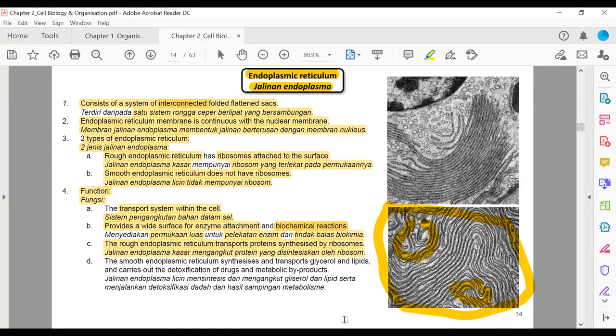Selepas ribosom menghasilkan protein, protein tadi akan masuk ke dalam RER dan RER tolong bawa protein itu ke bahagian lain sel. So after the ribosome synthesizes protein, the protein enters the RER and the RER helps to transport the protein to other sites of the cells. Itu maksud dia.